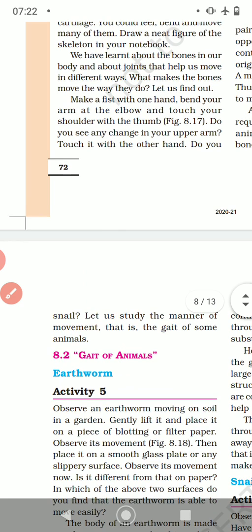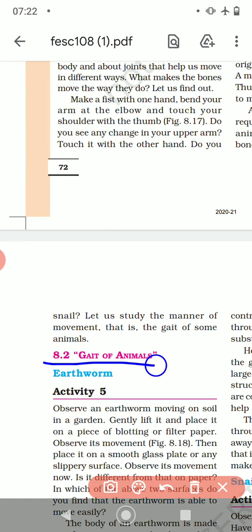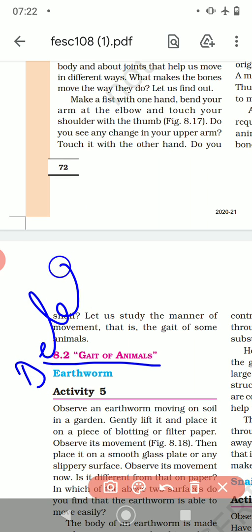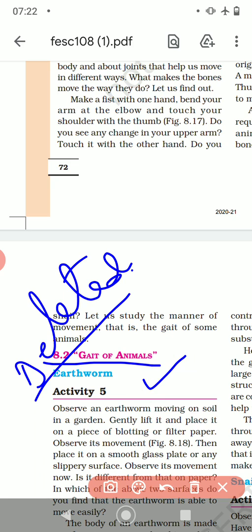From gait of animals the portions are deleted. From here till the end the portions are deleted, hence it will not be evaluated, and the gait of animals will not be asked in the exams. So you don't have many diagrams to draw, but whatever diagrams are there you have to draw, children.